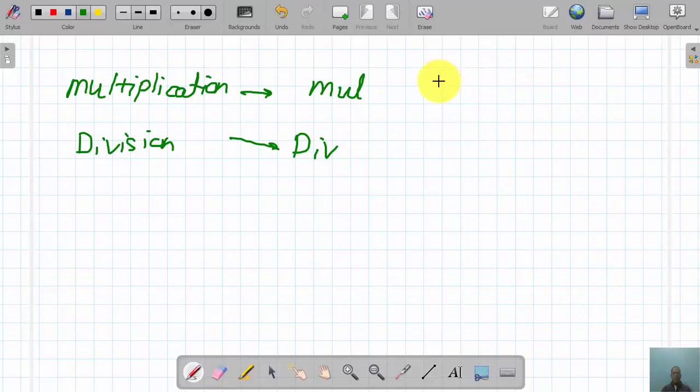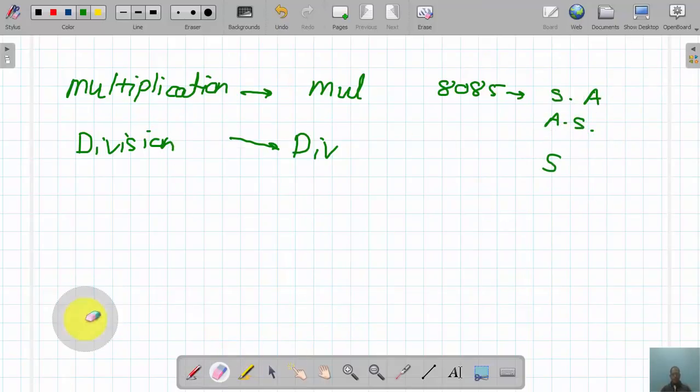Basically, when we perform these operations in 8085, for multiplication we go with the successive addition method or the add and shift method, whereas for division we use the successive subtraction method. But in the case of the 8051 microcontroller, to support multiplication and division, the MUL and DIV instructions are directly present.